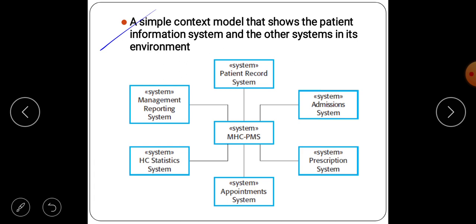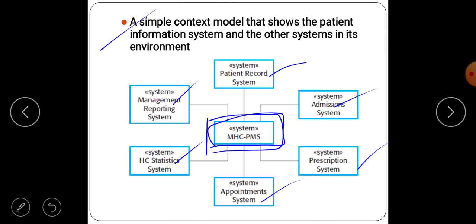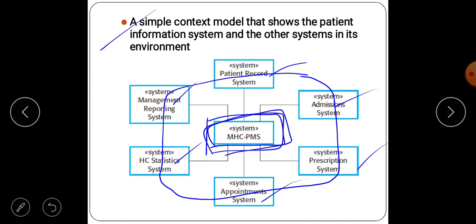For example, you can see a simple context model that shows the patient information system and other systems in its environment. This is the actual system. These are the other systems connected to the main system, which means these are all in the environment with the main system.